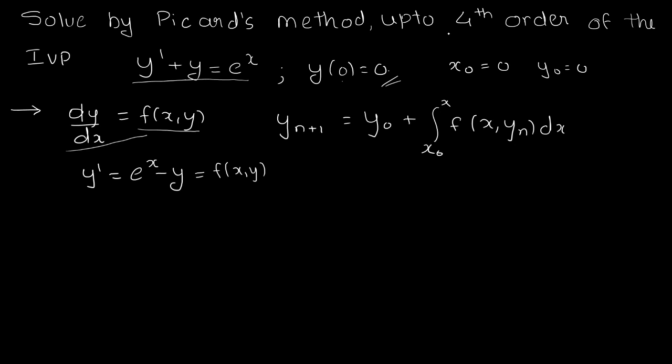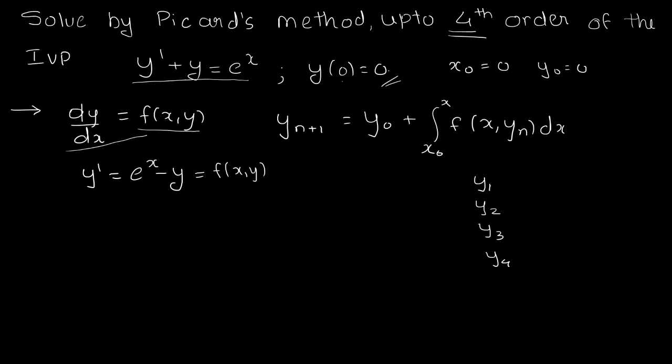The question is about solving till fourth order, that is the fourth approximation. So I will have to start with y1, then y2, y3 and y4, that is the first, second, third and fourth iteration.